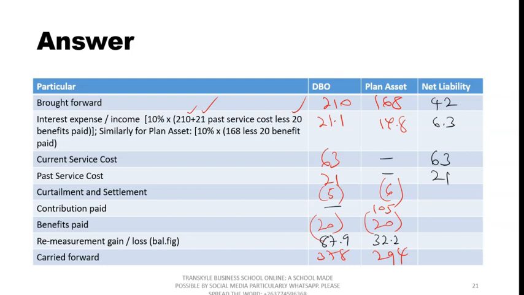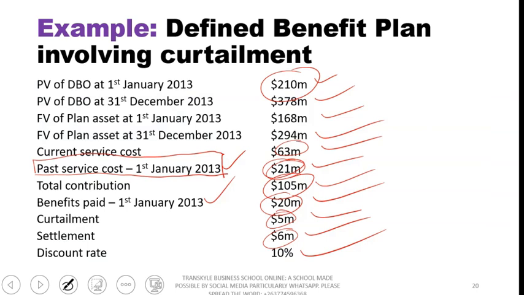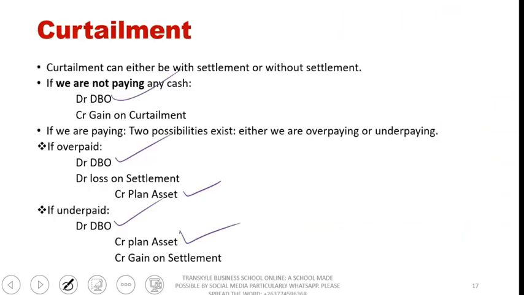All right, ladies and gentlemen, I want you to appreciate one thing here. If we get back to our curtailment, we are saying that curtailment can be either with settlement or without settlement. If we are not paying any cash, we debit the defined benefit obligation and credit gain on curtailment.